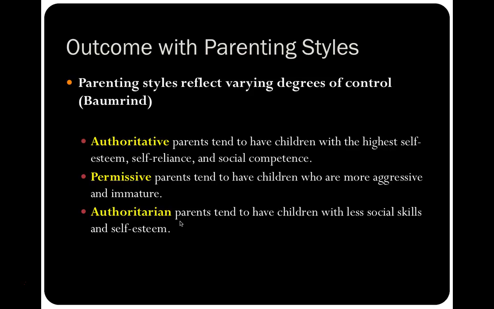Permissive parents tend to have children who are more aggressive and immature. Authoritarian parents tend to have children with less social skills and self-esteem. Okay, so the quote unquote just right tends to produce the most psychologically and socially healthy children, and in turn adults.